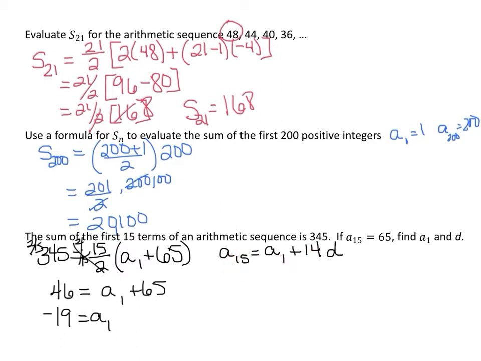So a sub 15 is 65, a sub 1 is negative 19, plus 14d. Add 19 to both sides, and we get 84 is equal to 14d. Dividing by 14 on both sides, we get 6. So this problem took multiple steps. We have a sub 1 at negative 19 and d at 6.